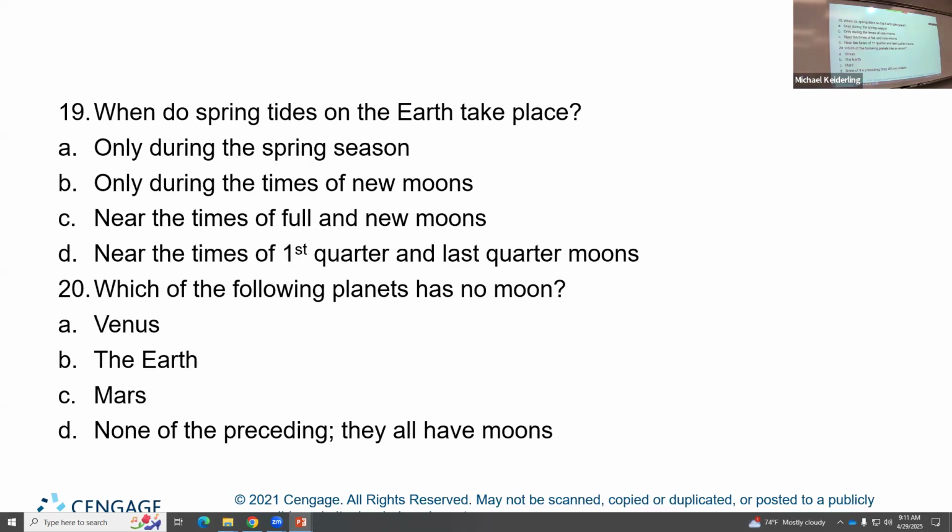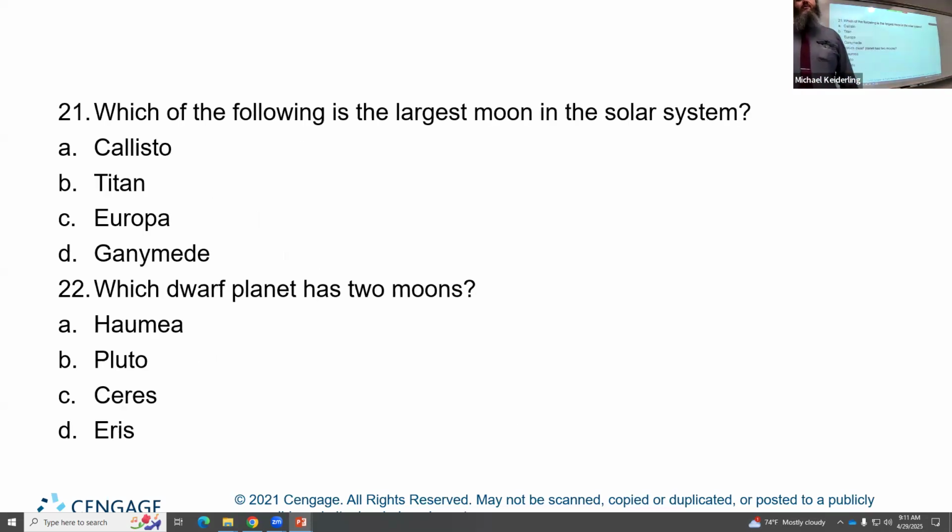Spring tides. When do spring tides on the Earth take place? Near the times of the full and new moons. Which of the following planets has no moon? Venus. Which of the following is the largest moon in the solar system? Ganymede. Which dwarf planet has 2 moons?